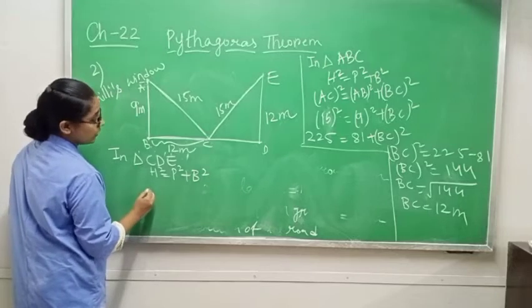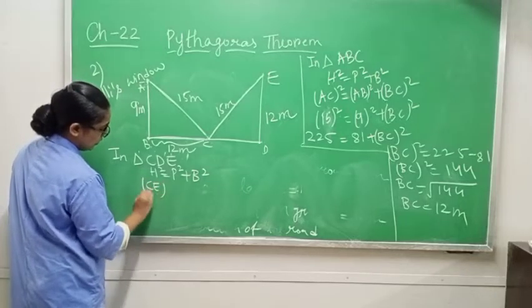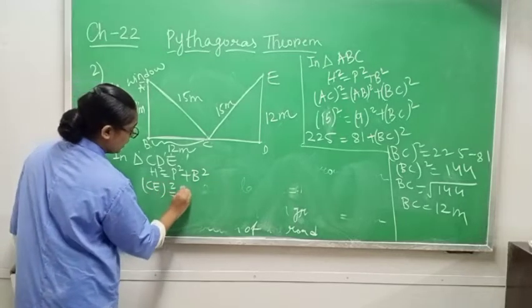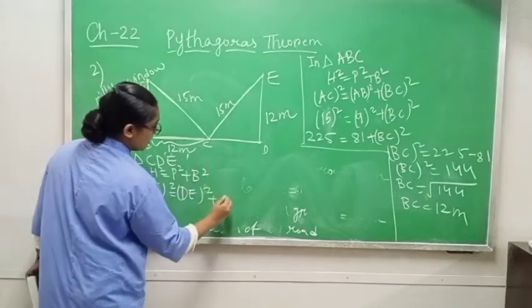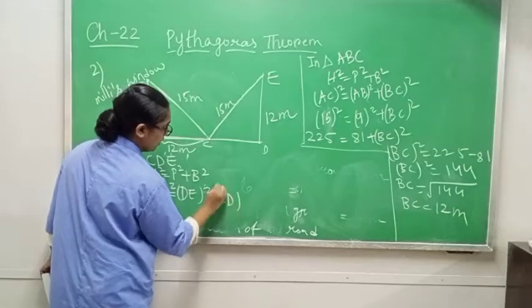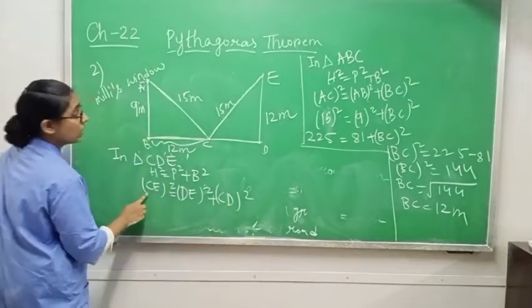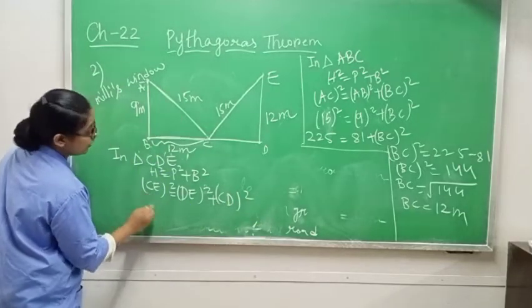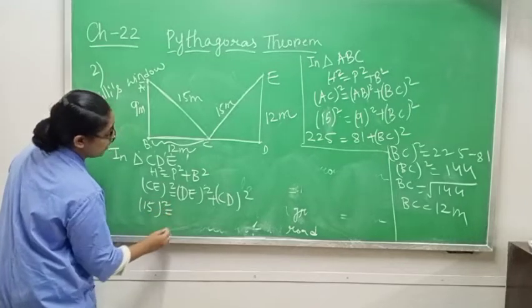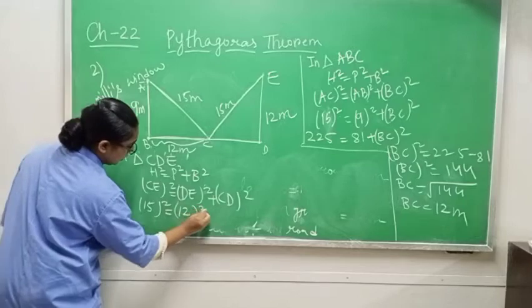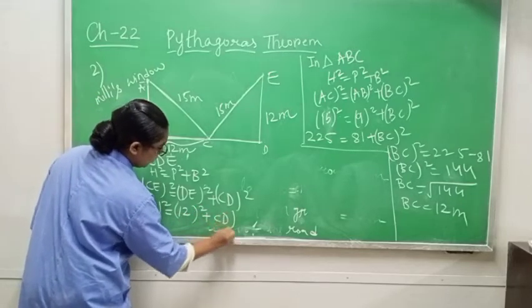H is CE, P is DE, B is CD. Now again, CE is 15 square, DE is given, 12 square, plus CD whole square.